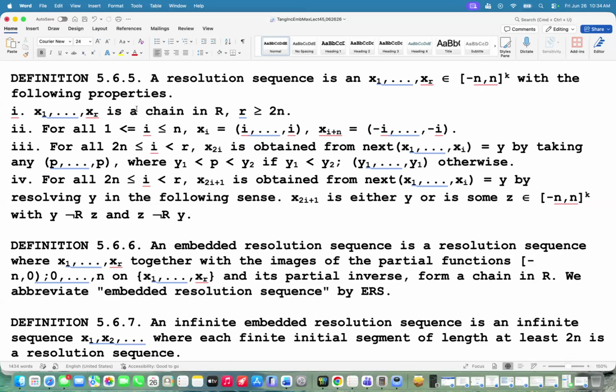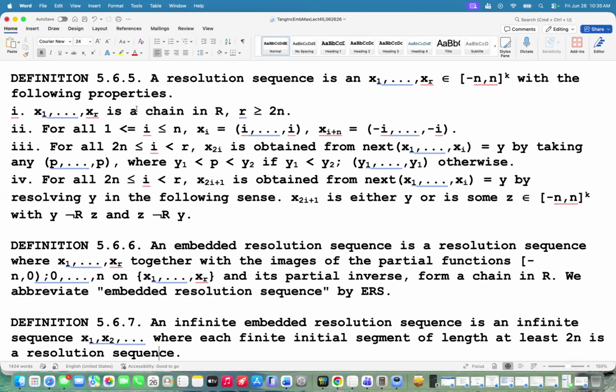They're these diagonal elements, i through i and minus i through minus i. So below 2 times n, it's just these diagonal things on the numbers from minus n to n.